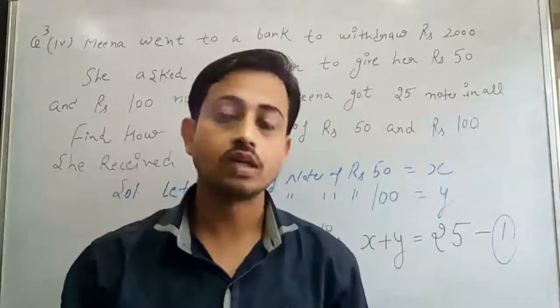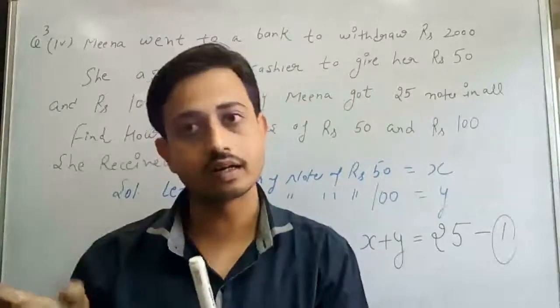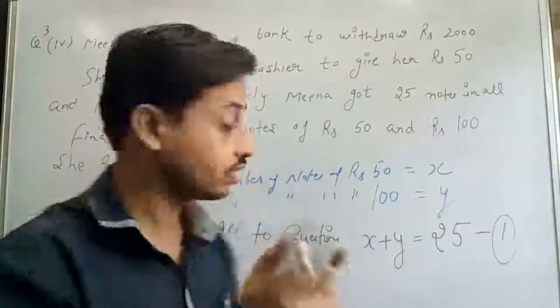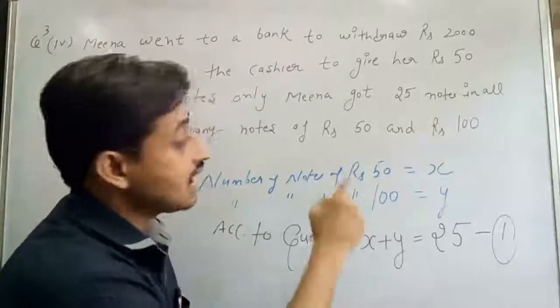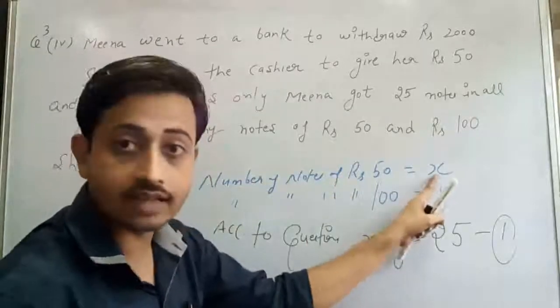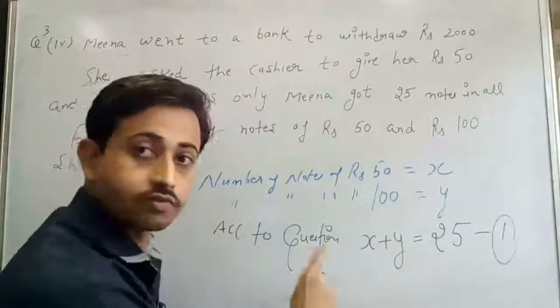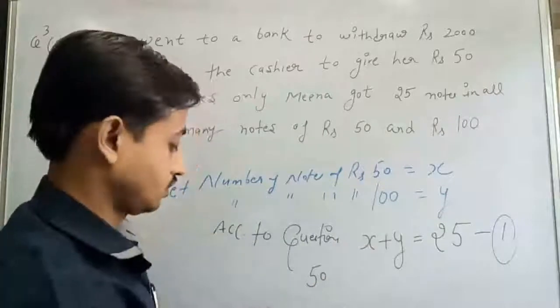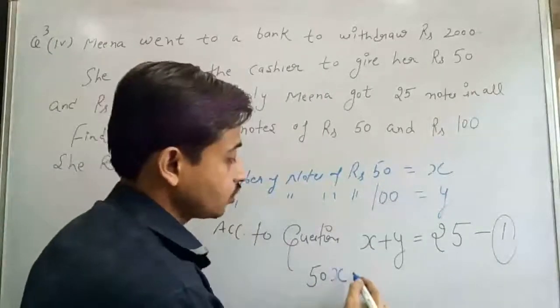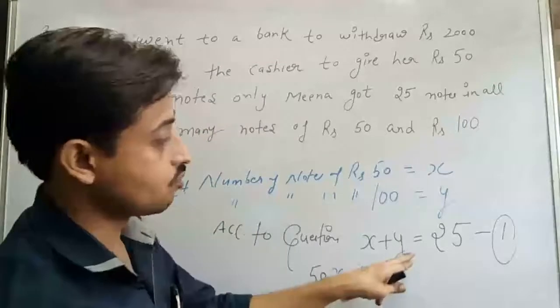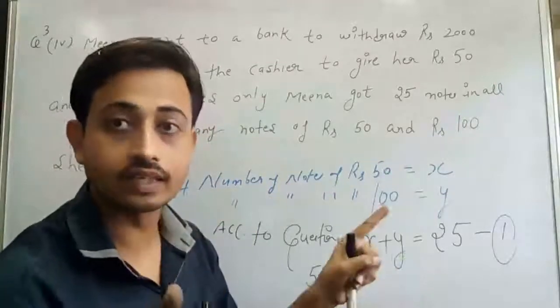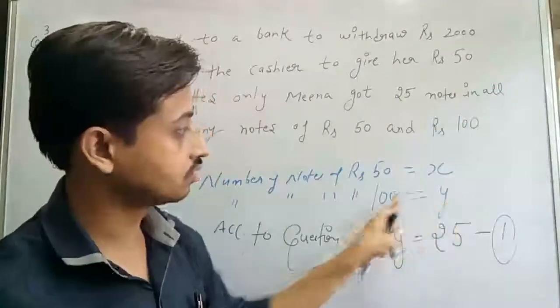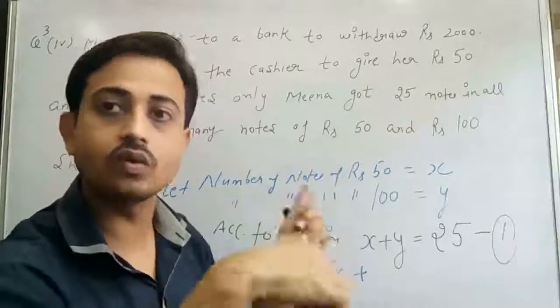Then how much amount? 2 into 50, which is equal to 100. Same here I have to do. She has a number of notes x. So we get 50 into x, plus same here, y. y is the number of 100 rupee notes. So what we have to do? 100 into y.